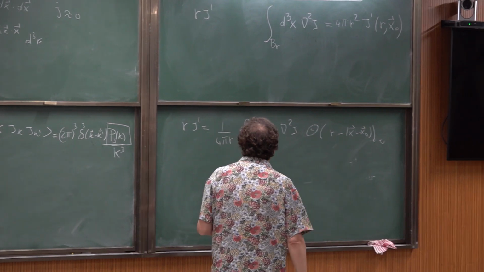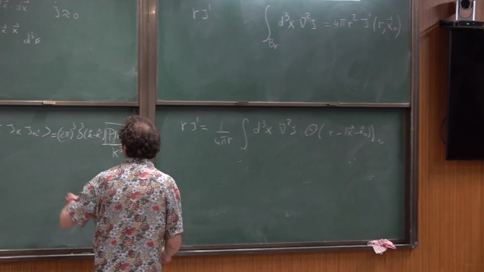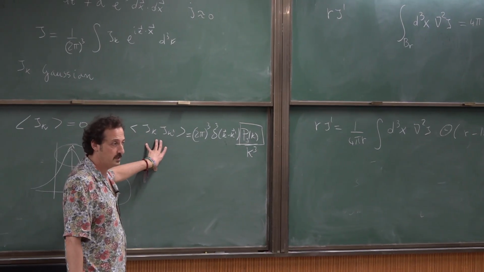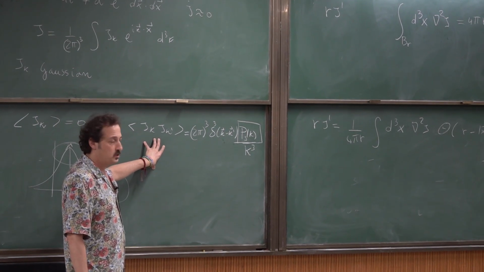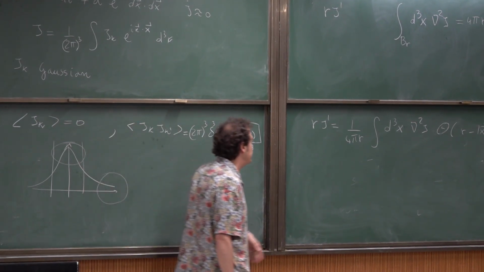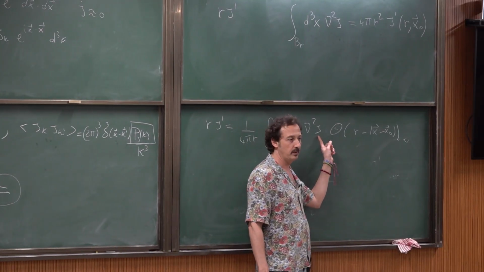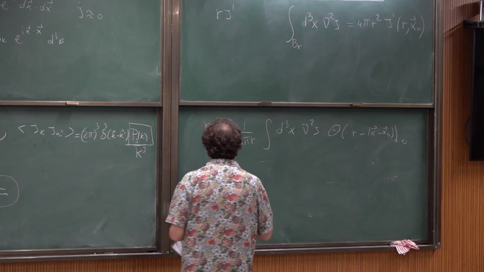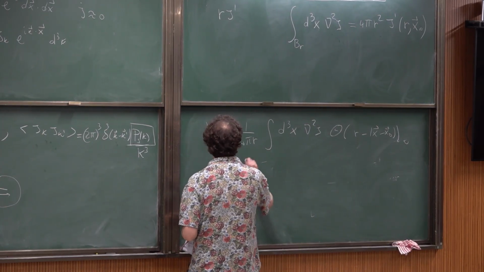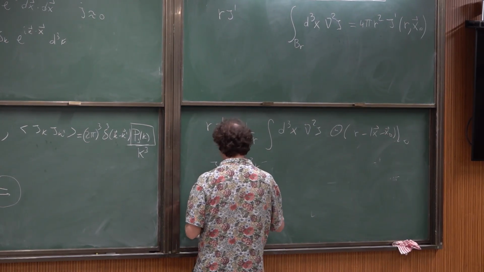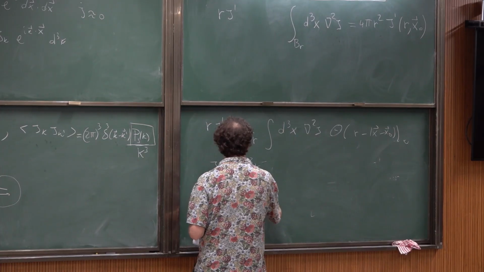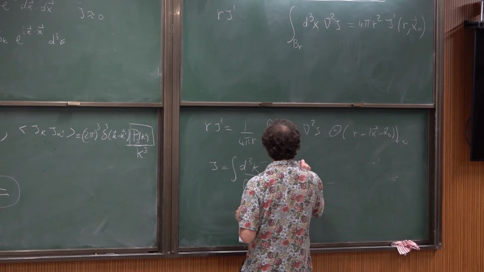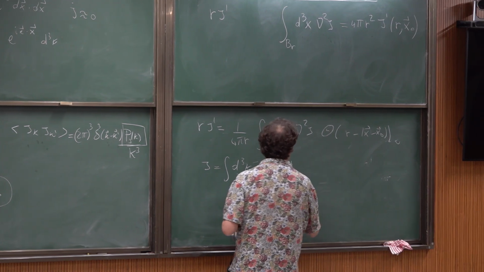And now let's consider, because we are interested, we know the statistics of the Fourier modes of zeta. So what I want to do now is replace zeta in this integral with the Fourier modes, which, I remind you, is just the integral d3k over 2 pi to the cube, e to the i k x, zeta k.